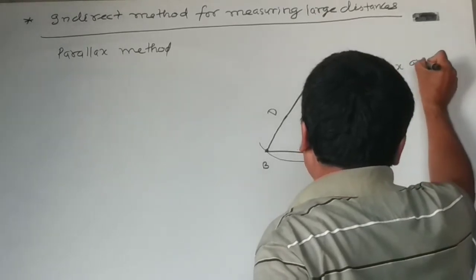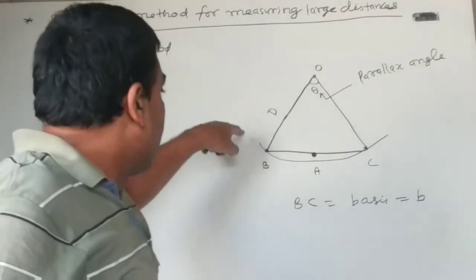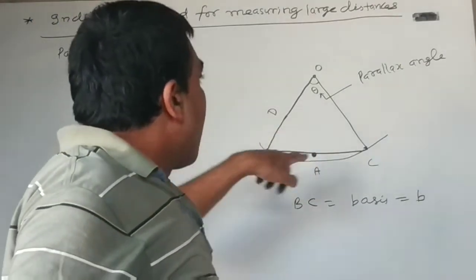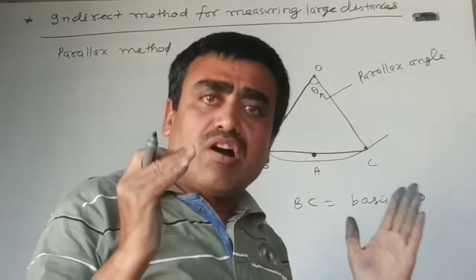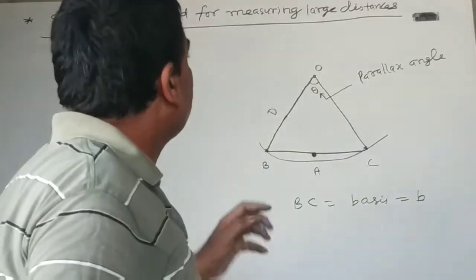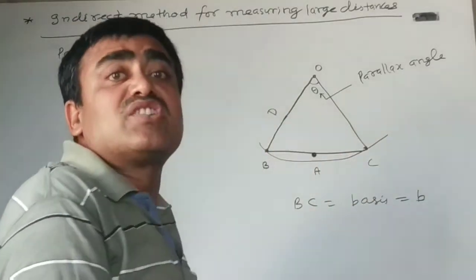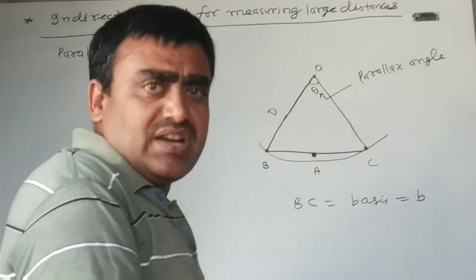Parallax angle. Okay? From here, an arc or quadrant of the circle is located. So, the rule of geometry is also obeyed here.